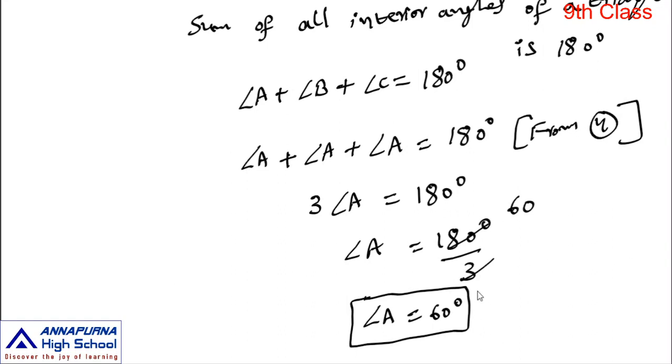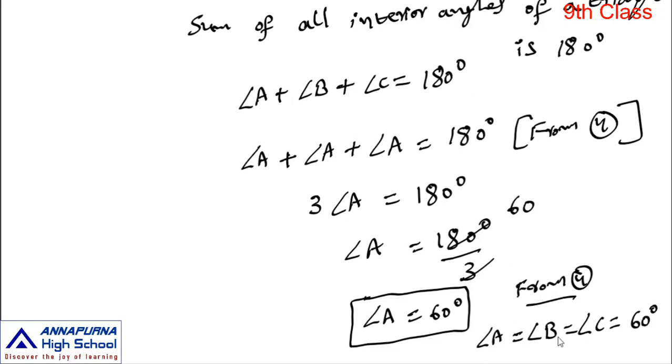From 4, angle A is equal to angle B is equal to angle C is equal to 60 degrees.